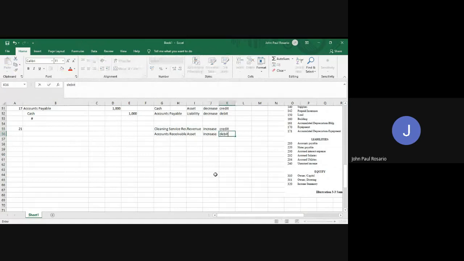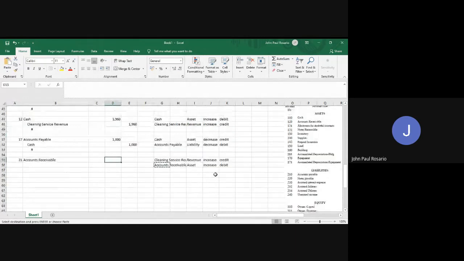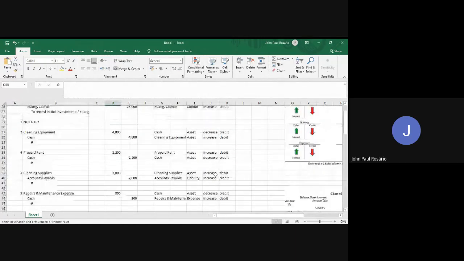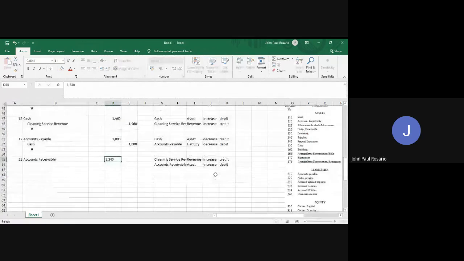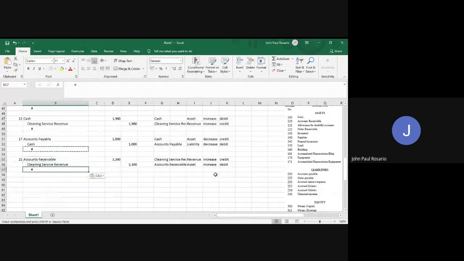So, with that, atong entry would be accounts receivable amounting to how much? 340. 340. And then cleaning service revenue. Okay, so to record rendering of services on account. So nag-render kag service, nagserbisyo ka pero giutang.